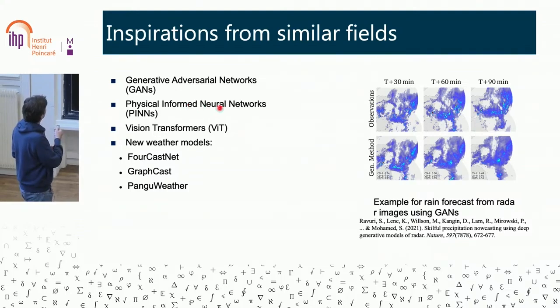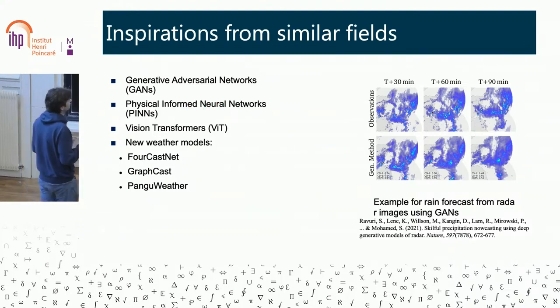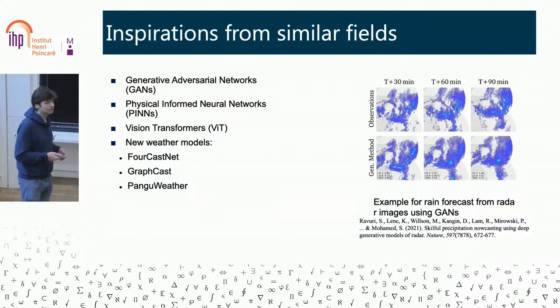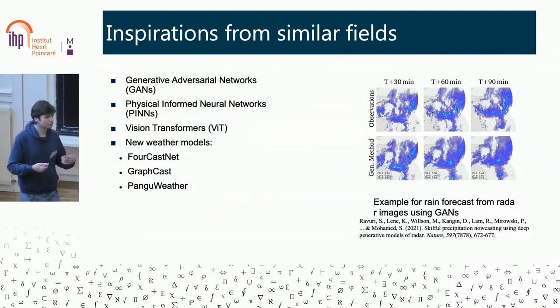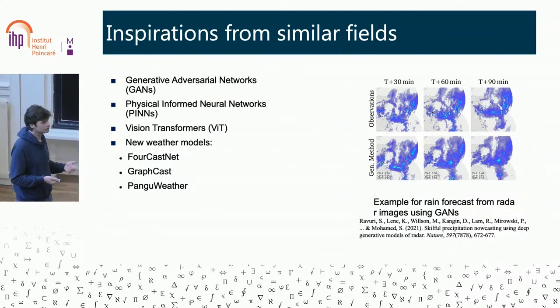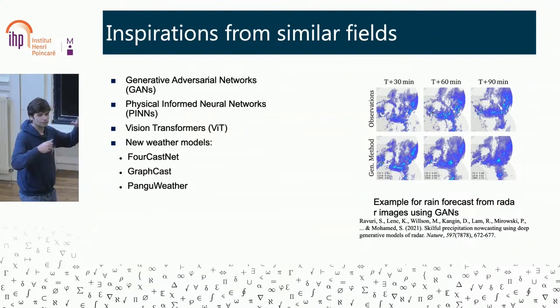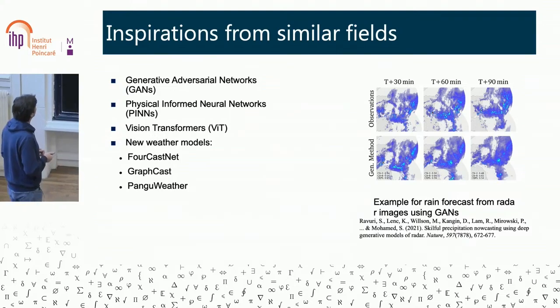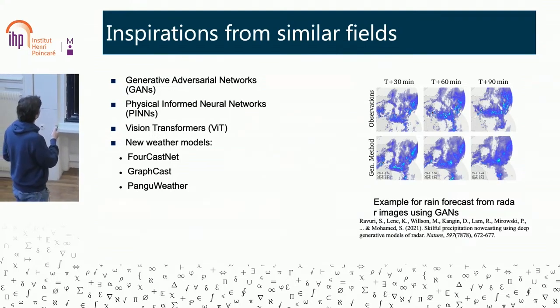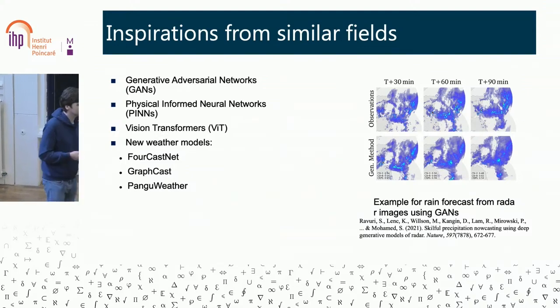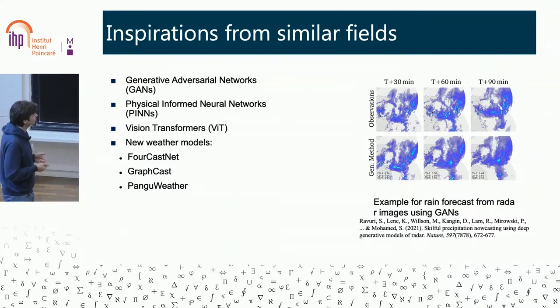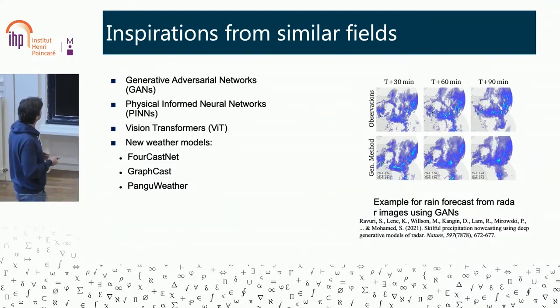Another approach is the physics-informed neural networks, which is how to give physics equations into a deep learning model. I will just say that, and there is more complex work behind, but it's just to add physics in a deep learning model. The vision transformers, this is transformers applied on images, can bring many things, but we don't know yet what we can do with that.